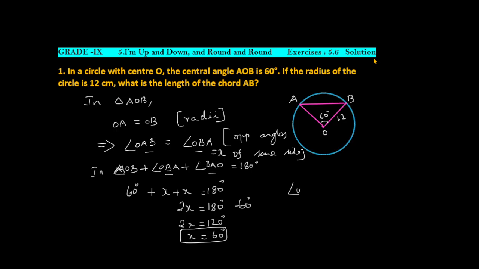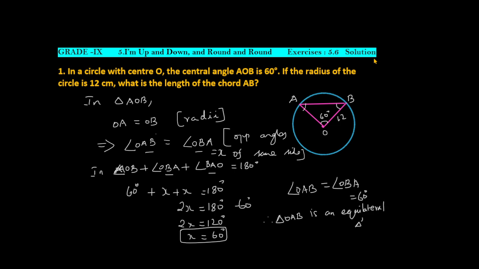Which means angle OAB is equal to angle OBA. Both are 60 degrees. So, all the angles are 60. Therefore, triangle OAB is an equilateral triangle.